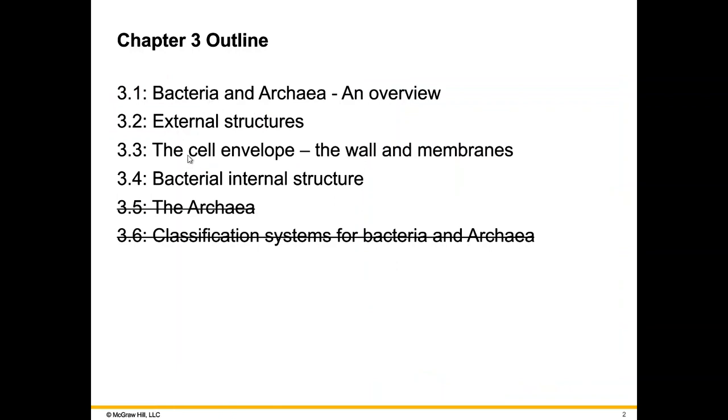And the way that I'm going to teach this chapter is I'm only going to go over sections 1 through 4. So 3.1, 2, 3, and 4. I don't feel the need to cover sections 5 and 6 because I teach this course in a clinical approach. There are no clinically significant organisms from domain Archaea, and I don't feel the need to cover section 6 either.